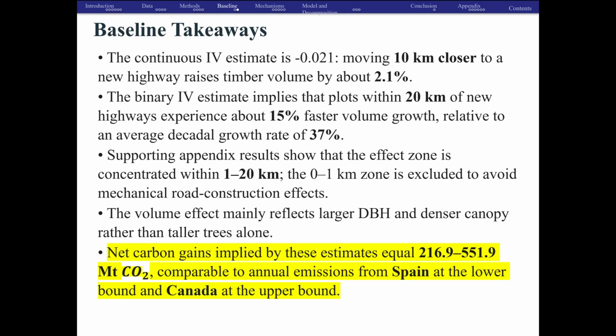And it's comparable to the annual emissions from Spain to Canada. I think my time is over. I'll stop here. We did have some heterogeneity analysis looking at institutional settings and other socioeconomic factors.